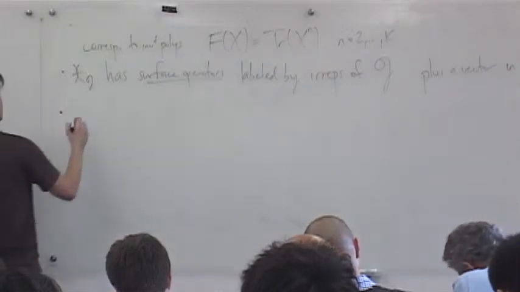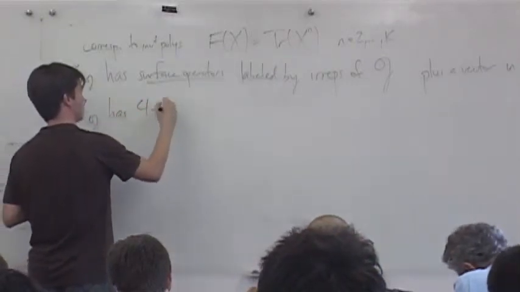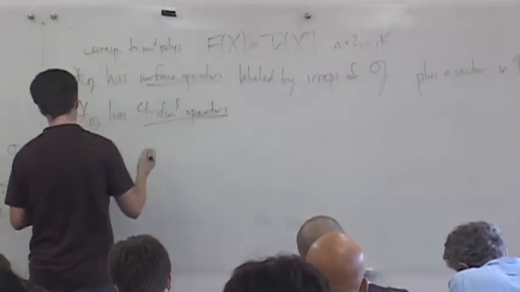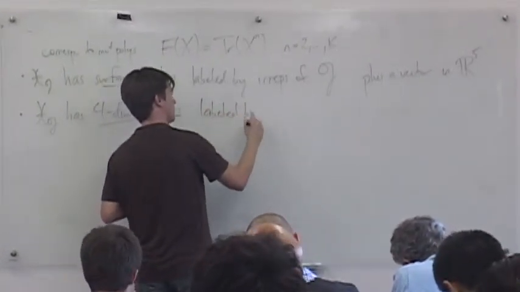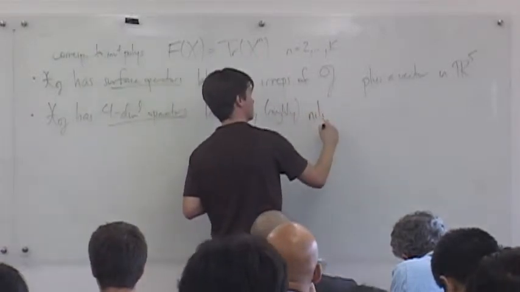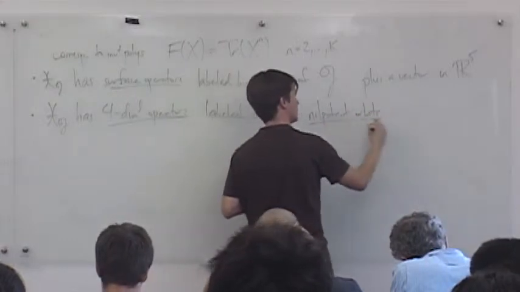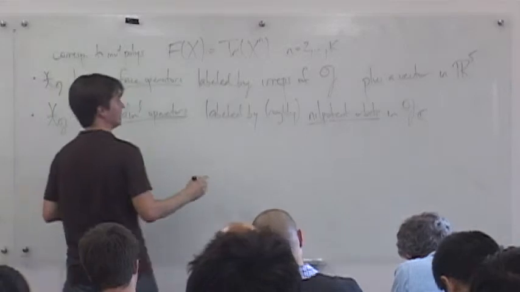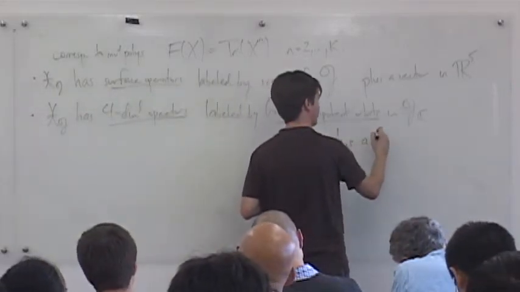It's also supposed to have 4-dimensional operators, in other words, codimension 2 operators, and those are labeled by, roughly, nilpotent orbits in G_C, plus, again, a little choice. In this case, it's a 2-plane in R5.